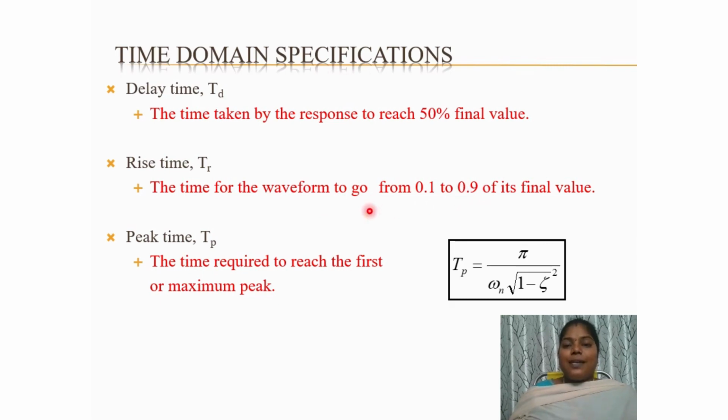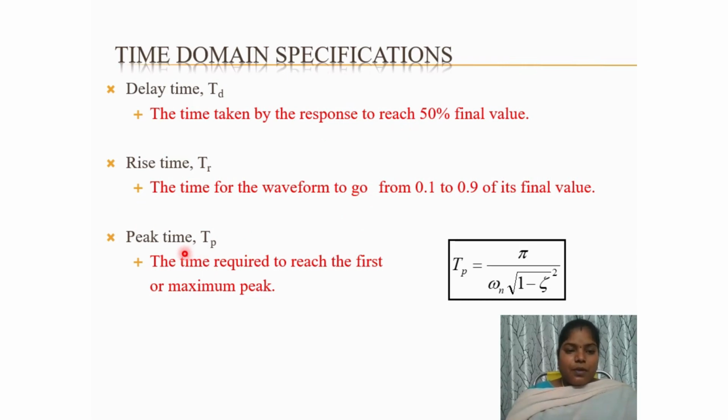But for an overdamped system, the rise time is calculated from 10 to 90%. And for a critically damped system, the rise time is calculated from 5% to 95%.